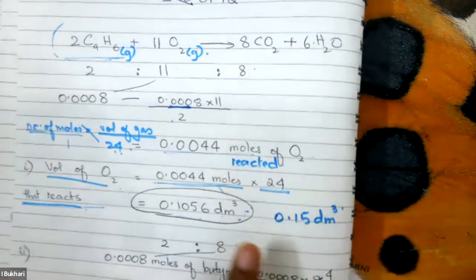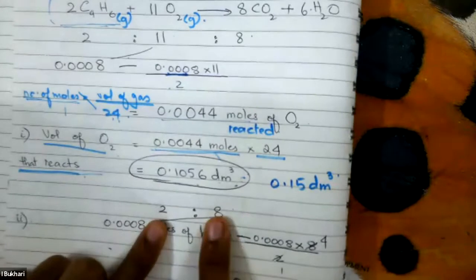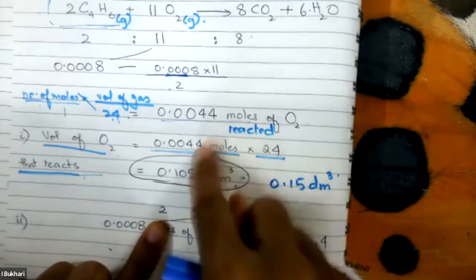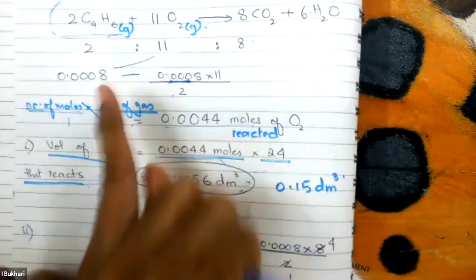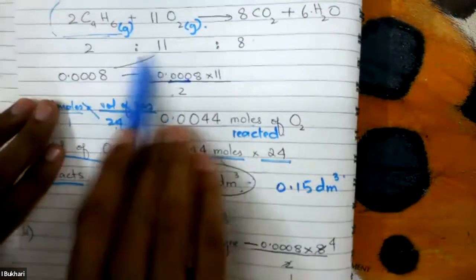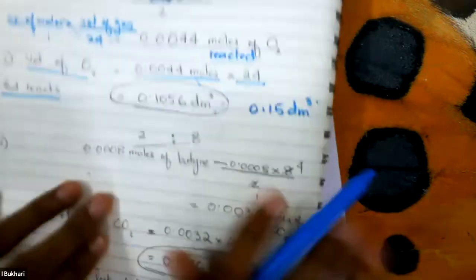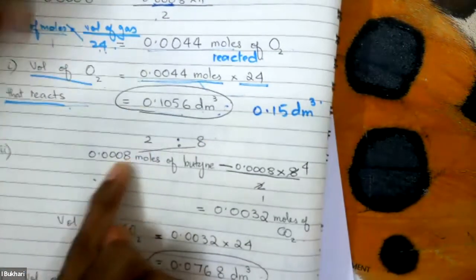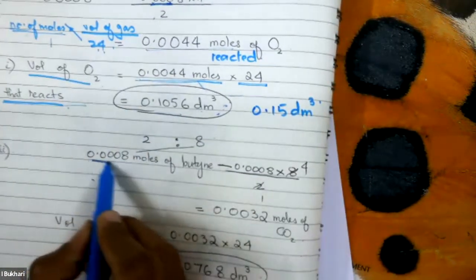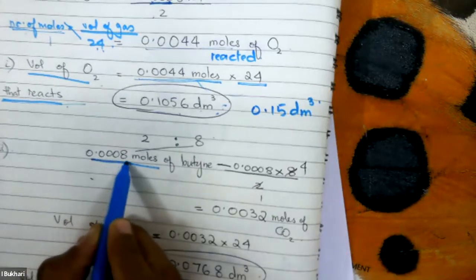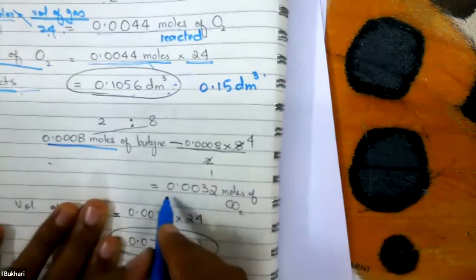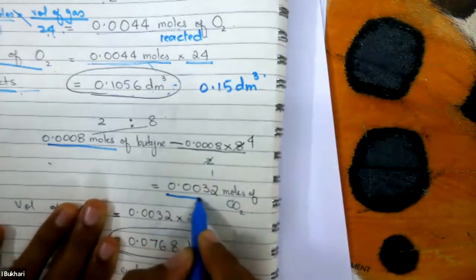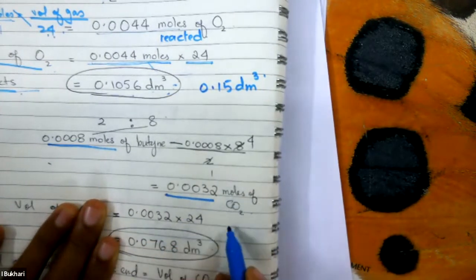Okay, so I use the ratio 2:8, because we calculated this ourselves. You can use either one of them, you will get the same answer. So the number of moles of butane were 0.0008, and using the ratio method, the number of moles of carbon dioxide produced are 0.0032 moles.